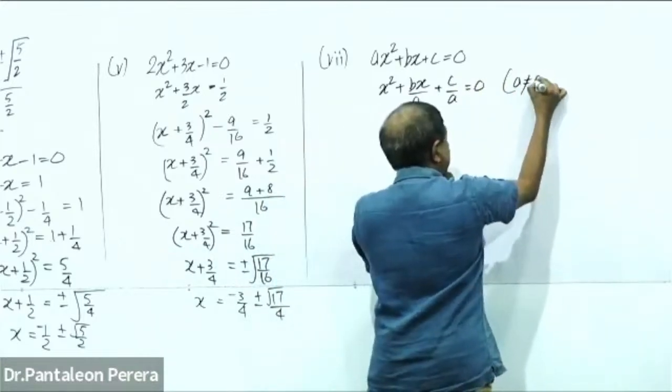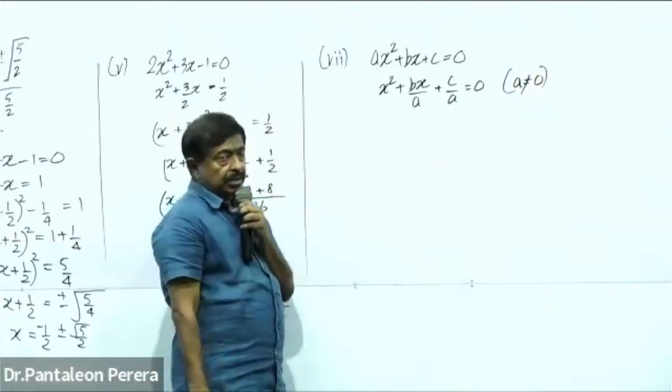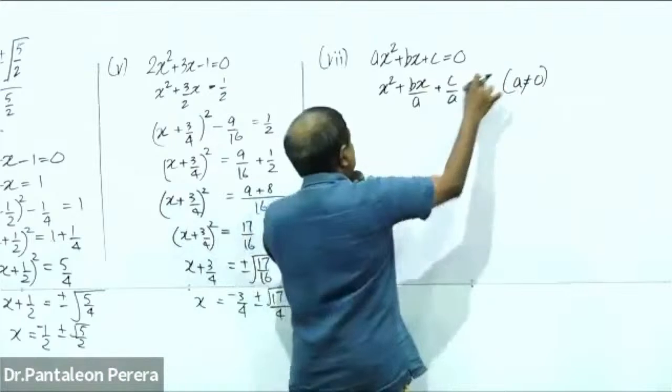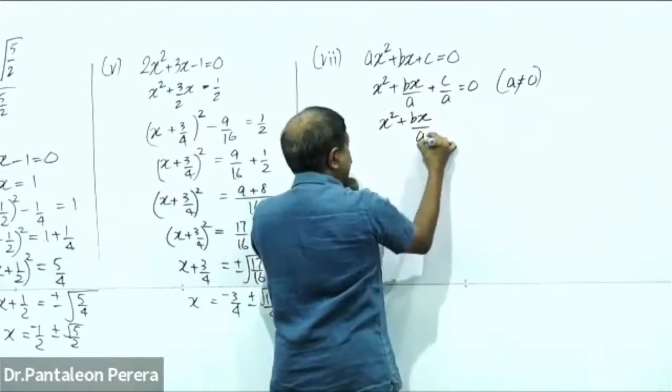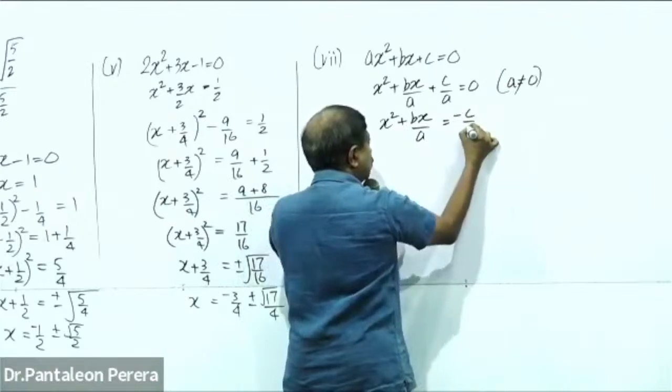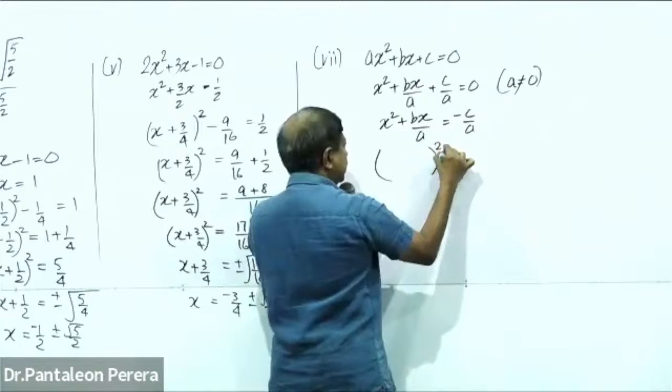You have to mention that a is not equal to 0, otherwise you cannot divide it by a. Now, this is a constant, you can take it to the other side. So it will be minus c over a.